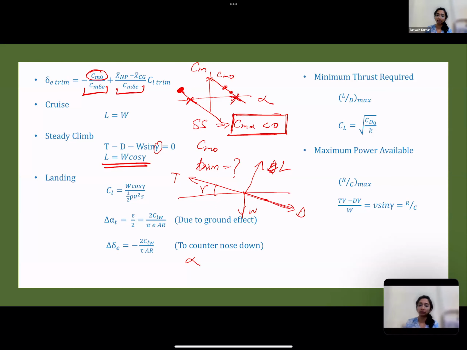If I use the same airfoil for wing and tail, and I don't have any wing setting angle or tail setting angle, is the angle of attack seen at the wing the same as at the tail?